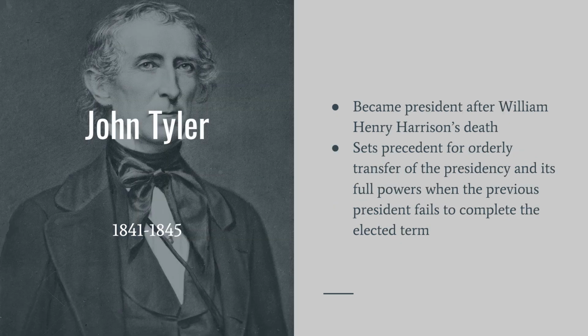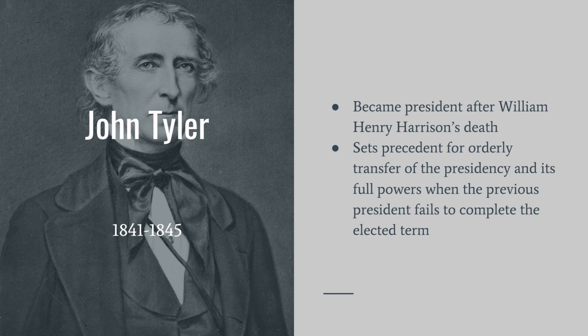So John Tyler becomes the accidental president. He becomes president after William Henry Harrison's death, and his ascension to the presidency from the vice presidency really sets the precedent for how the transfer of power from a vice president to becoming president is established.